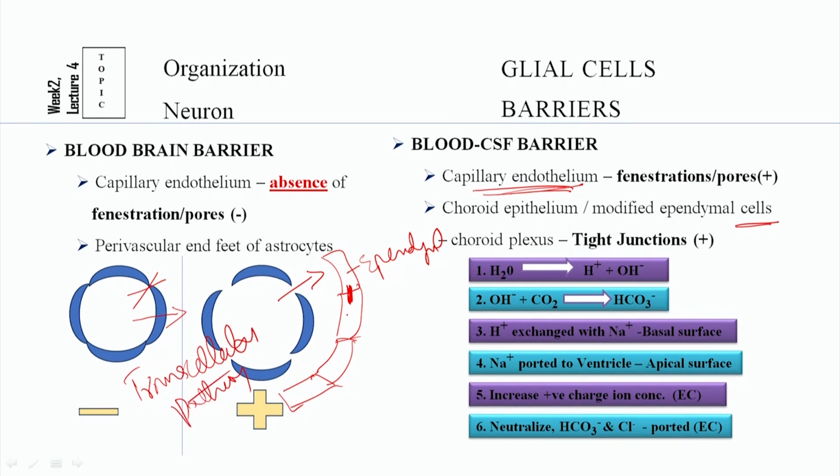In the blood-CSF barrier, the transcellular pathway is at the ependymal cell level, whereas in the blood-brain barrier, the transcellular pathway takes place at the capillary endothelium level itself. Once it passes, it is easily absorbed by the perivascular end feet of the astrocytes, which contribute to the blood-brain barrier.